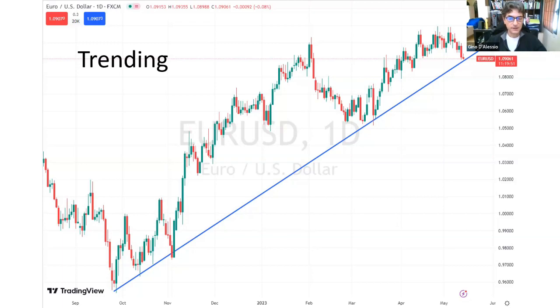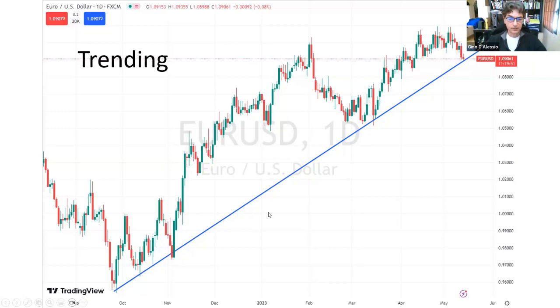A trending market can be seen on the chart, like this chart that we're seeing right now. You can see that there are consecutive higher highs and higher lows. So the highs keep going higher, the lows are continuously higher than the previous lows. So it's very clear that there's a trend, in this case, an upward trend.